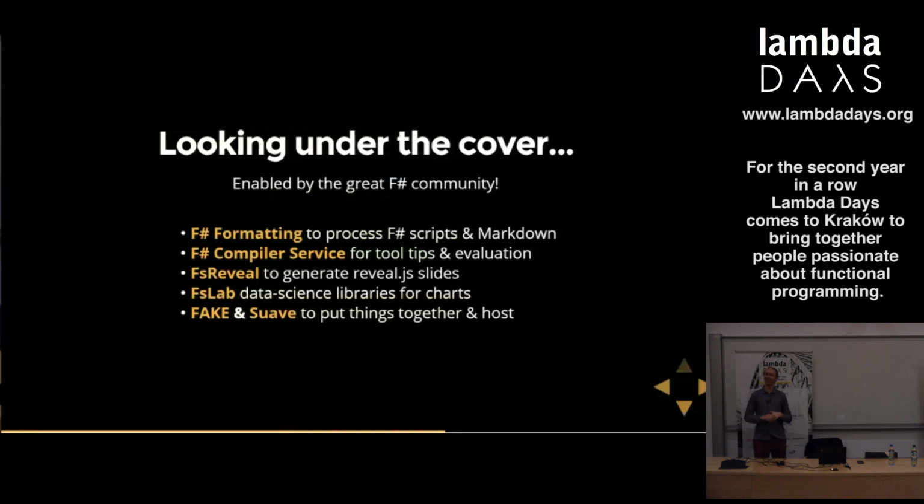It's not a fake library, it's actually a very real library with something like 3,000 commits on GitHub and over 100 contributors. It's a pretty amazing library for doing build automation. Many of the FSharp libraries use this, but it's not FSharp specific. I think GitHub uses it for some things as well.